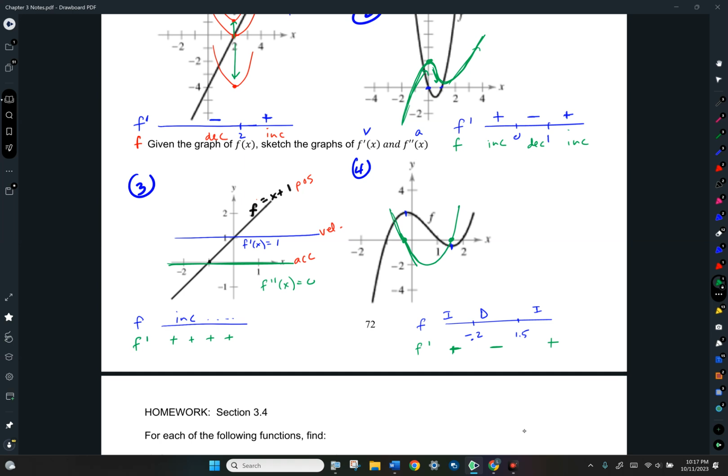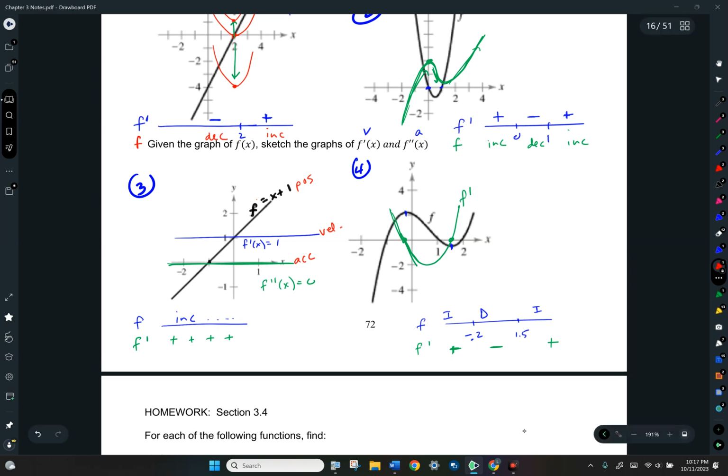Well, to me, that kind of makes sense, because if the original function looks somewhat like a cubic, does it make sense that the derivative would be a squared parabola? And if you go a step further, if the first derivative is a parabola, a squared term, doesn't that mean that the second derivative is going to be a line, because it's just going to be an x to the first term?